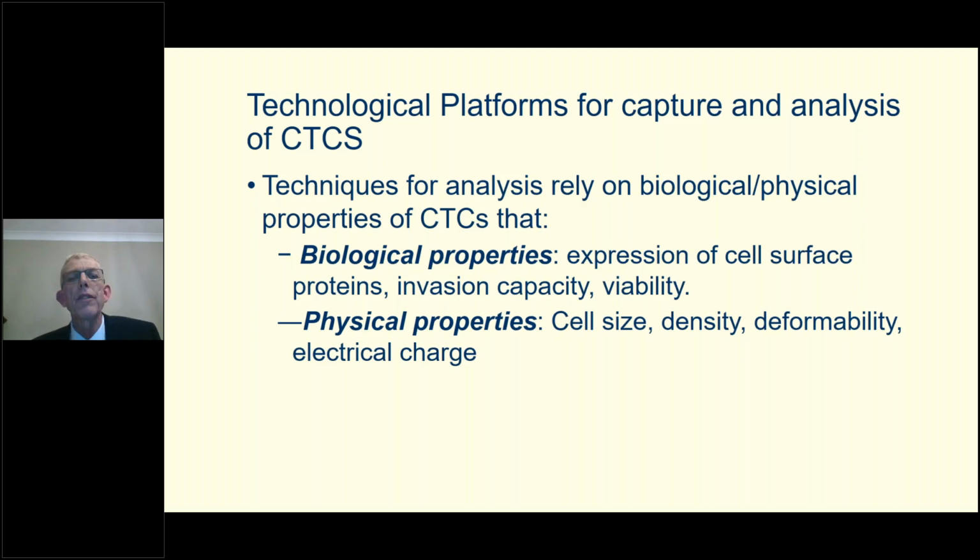So we might be able to exploit some of these biological properties for CTC identification and evaluation. Or we can exploit physical properties such as cell size, the density of cells, the deformability and compressibility of cells, or perhaps their electrical charge. And there are platforms and methods that focus on all of these different types of biological and physical properties that can be exploited.